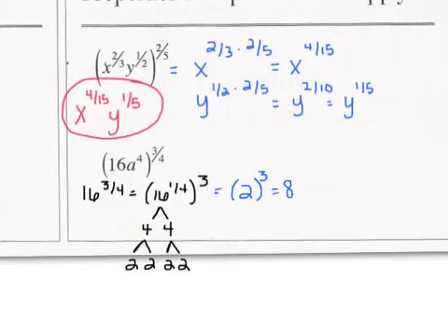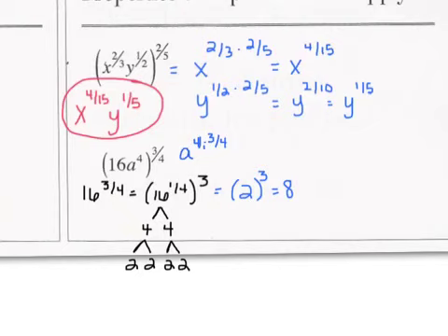Now this a, the 4 is an exponent. Okay, so this is a power raised to a power. Your rule for that, remember, is different. Your rule for that is that you multiply. So you're going to take a to the 4th, and those powers are going to be multiplied, so it would be 4 times 3/4. I would hope that you could look at that and come up with the answer off the top of your head, but in case you can't, remember that 4 is really like 4/1.